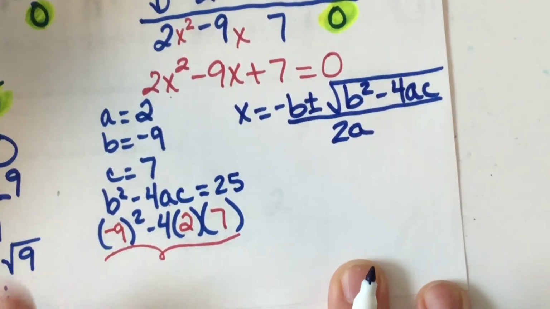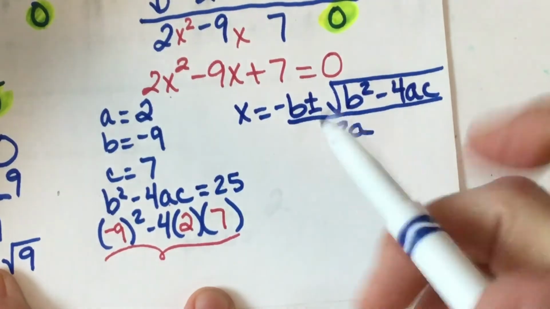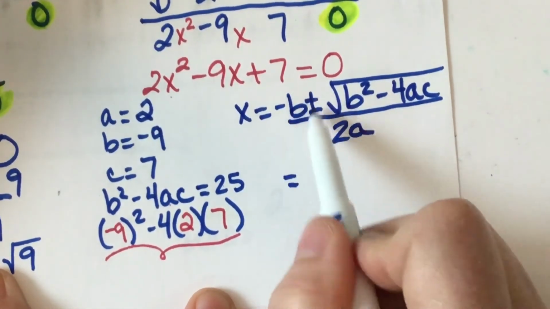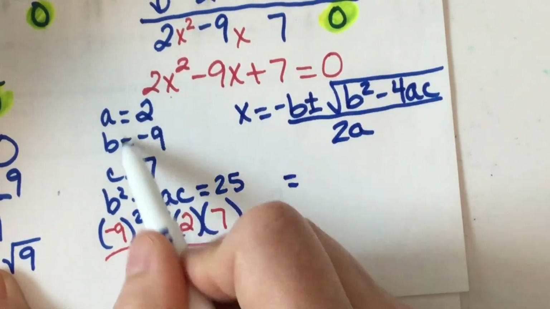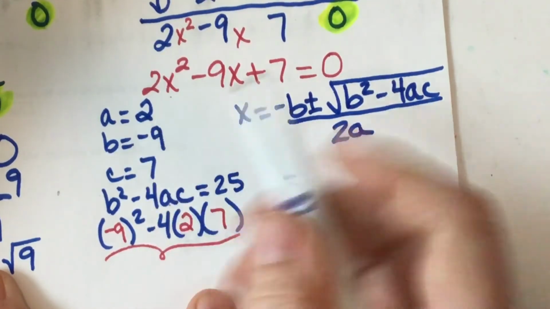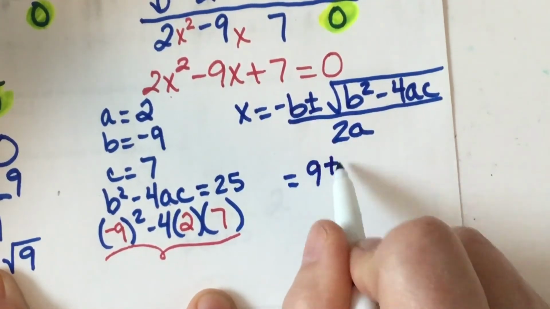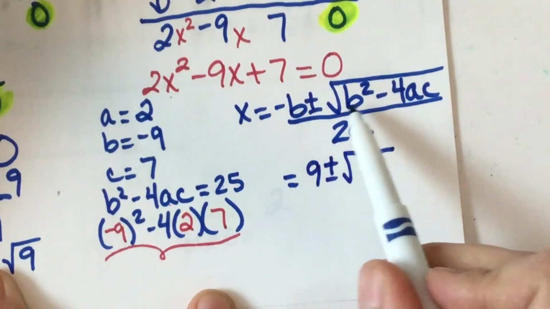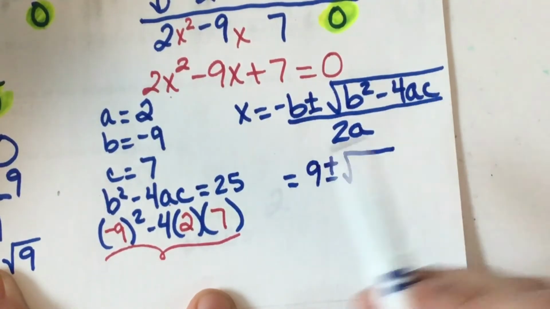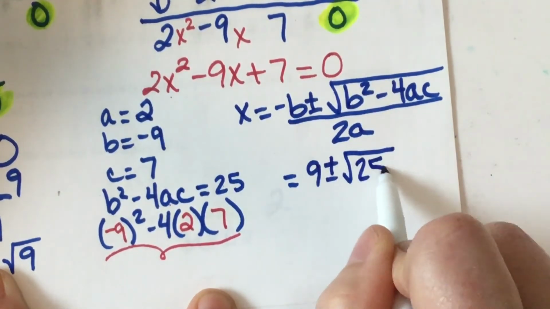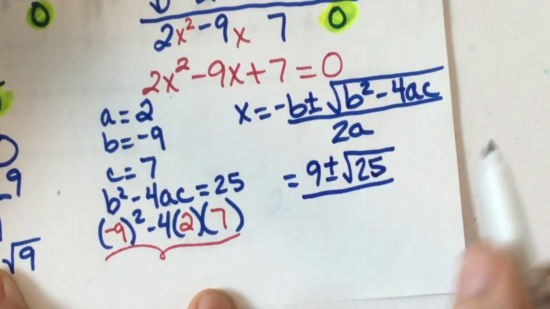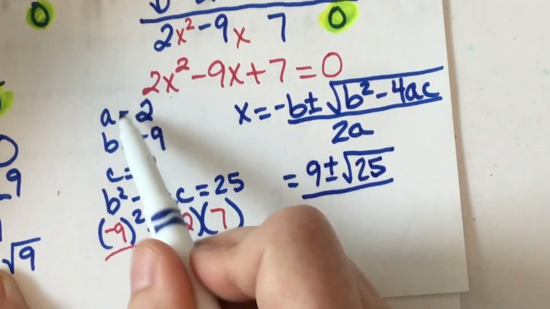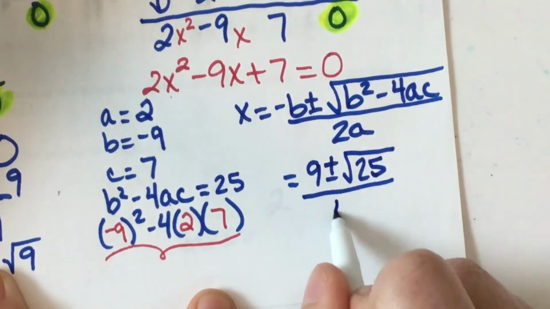And I'm going to plug in the numbers that I got. Where it says opposite of b, I'm going to take the opposite of a negative 9, and that's a positive 9, plus or minus square root. We just found b squared minus 4ac to be 25, all over 2a. So if I take 2 times my a, 2 times 2, that's 4.